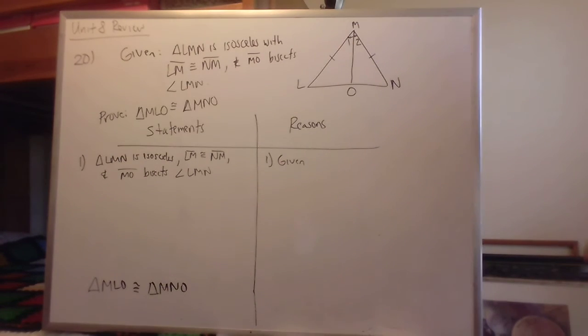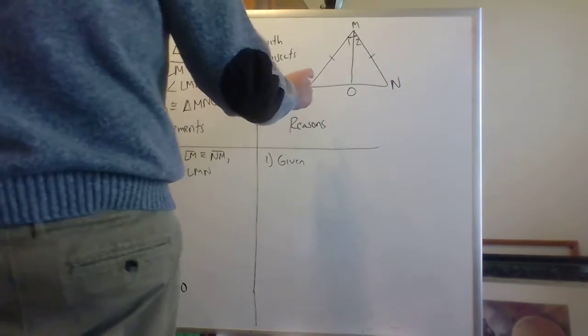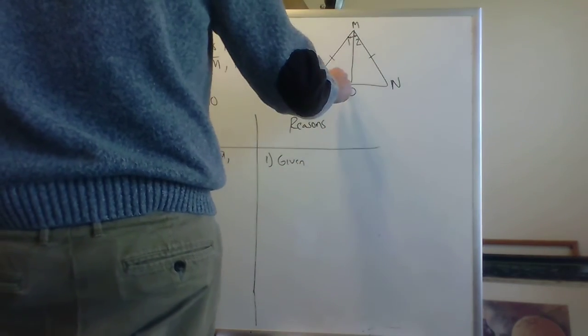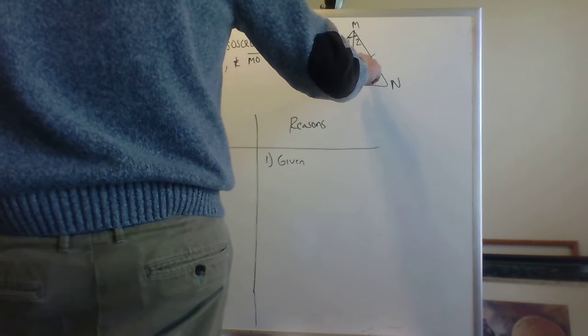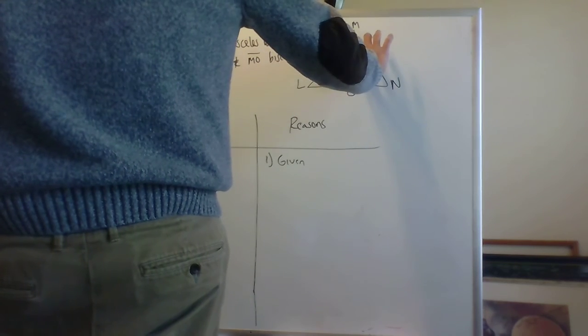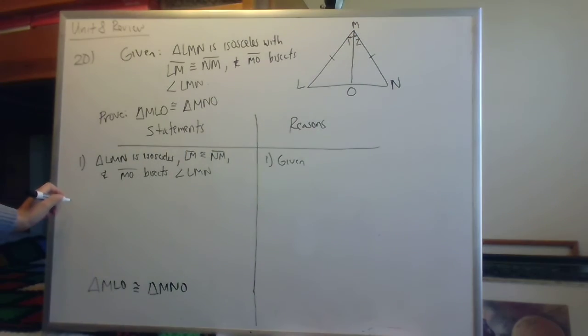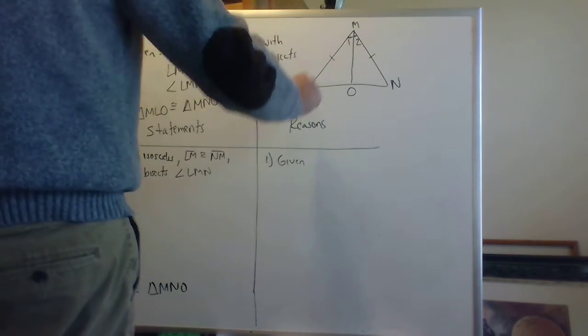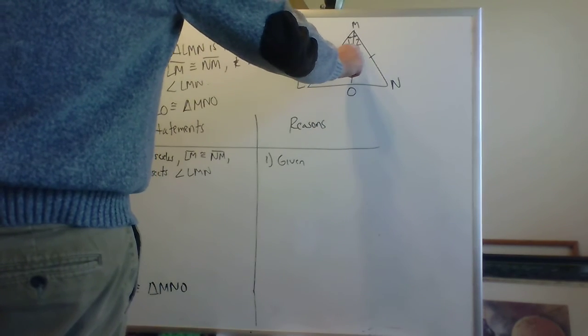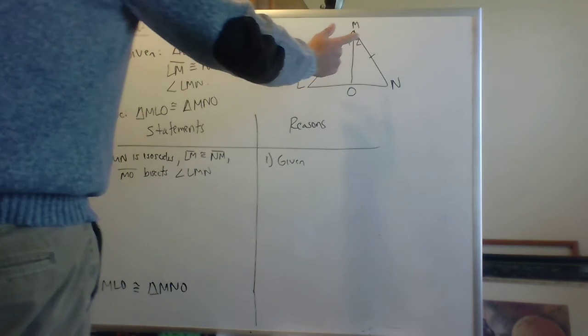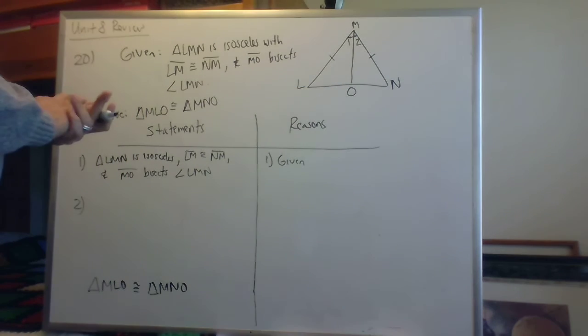Okay, so the first step in trying to prove that triangle MLO, this triangle, is congruent to MNO, this triangle, we already wrote down what's given. Now I want to write down exactly what we put right here when I said that those two angles are congruent, 1 and 2.